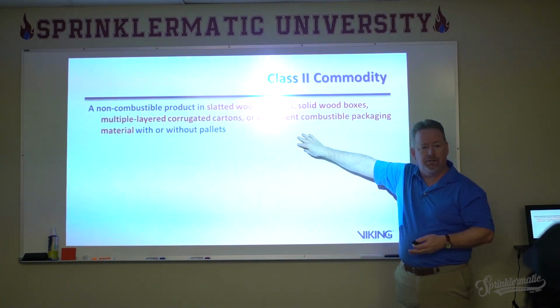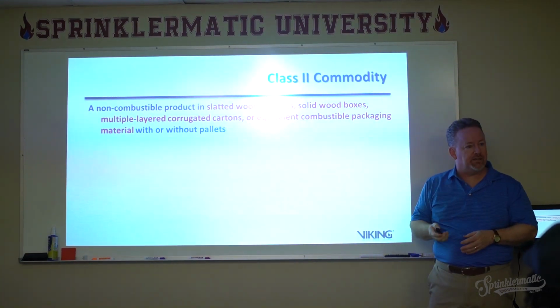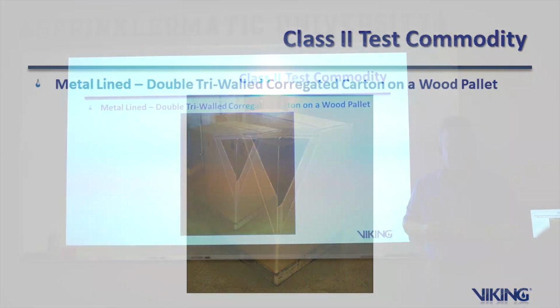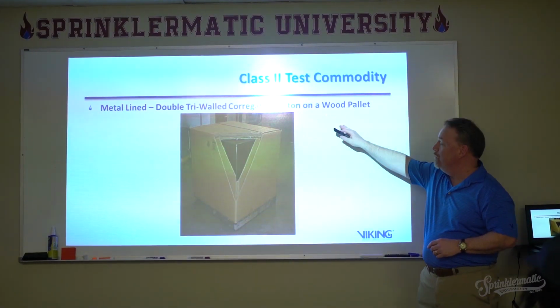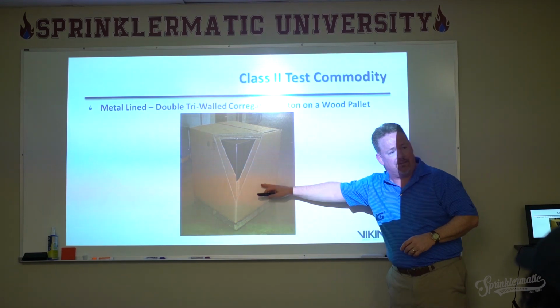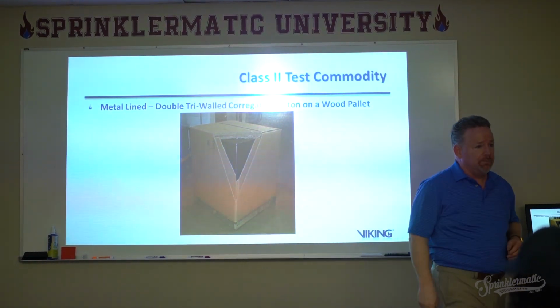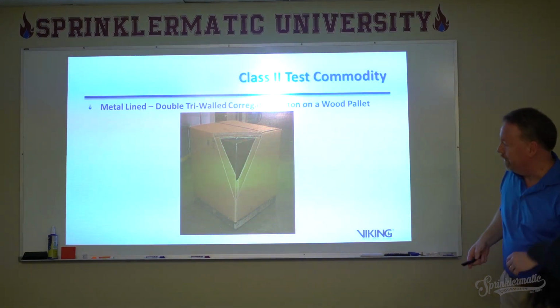What changed? The way we packaged it. The test commodity, I should have just gone right to the test commodity on this one, is a non-combustible product with multiple or tri-wall corrugated cartons, on a wood pallet. Once again, on a wood pallet, this is what we burned, non-combustible with multiple layers.